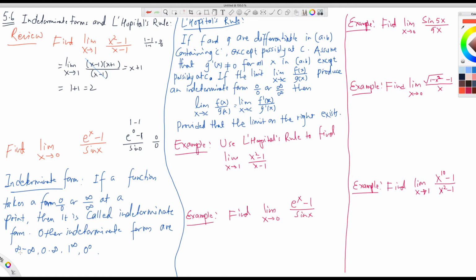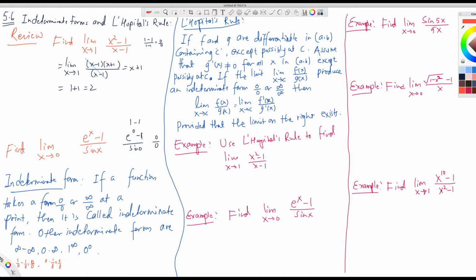For example, infinity minus infinity can be written as something like 1 over 0 minus 1 over 0, which you can think of as 0 over 0. And this one can be considered as 0 times 1 over 0, so 0 times 1 is 0 over 0. That gives you 0 over 0.